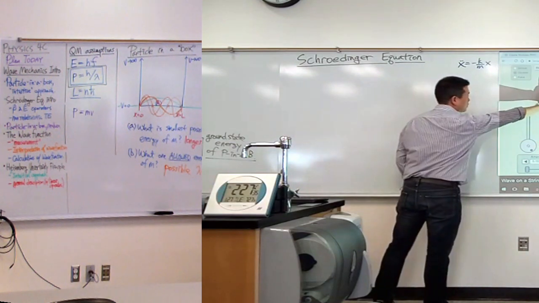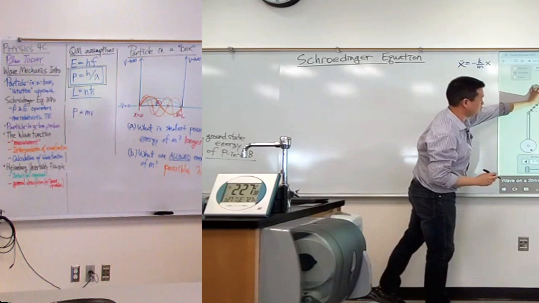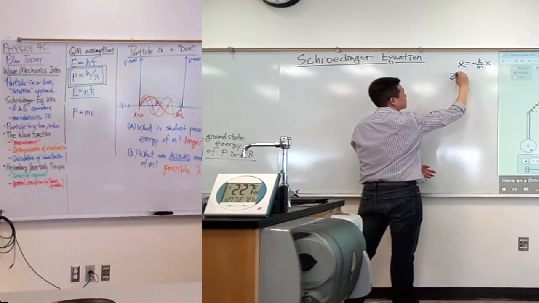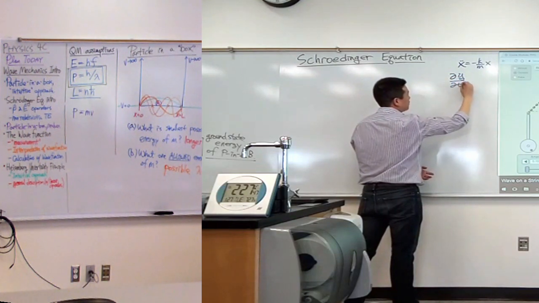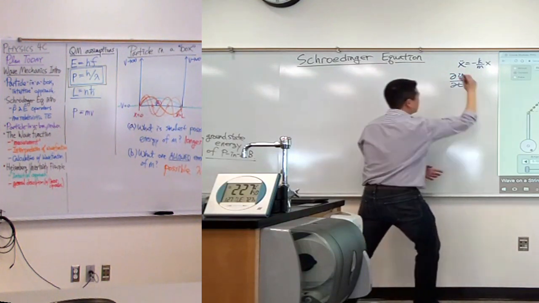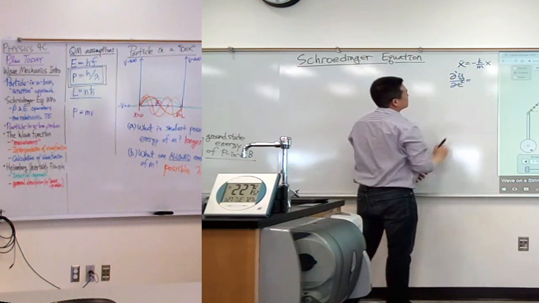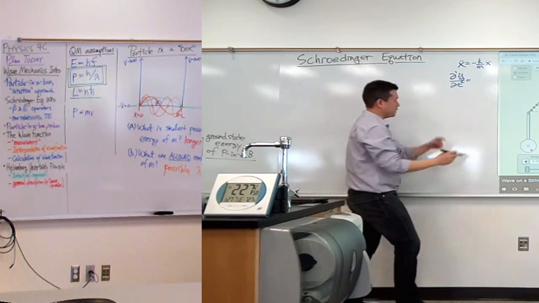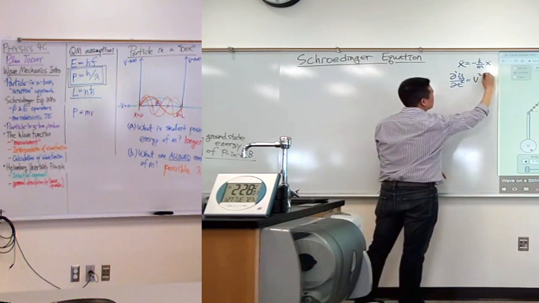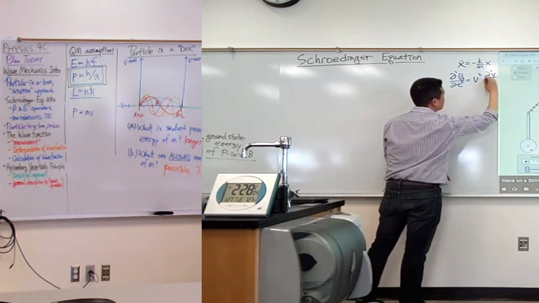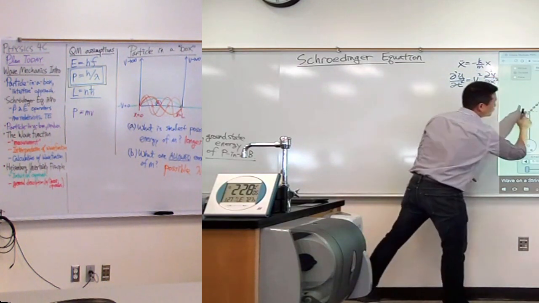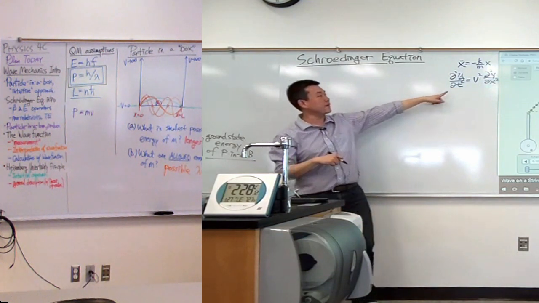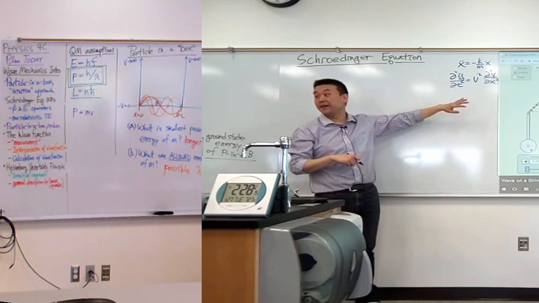If I'm describing the y position of the piece of string, then the equation that would be derived is that the double partial time derivative of y is equal to v squared times the double partial derivative of y with respect to x, the horizontal position. Remember seeing that? Sorry, I usually write it with x here, but I did it in the wrong order.